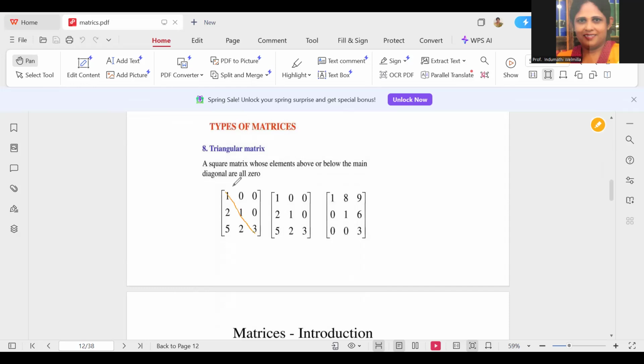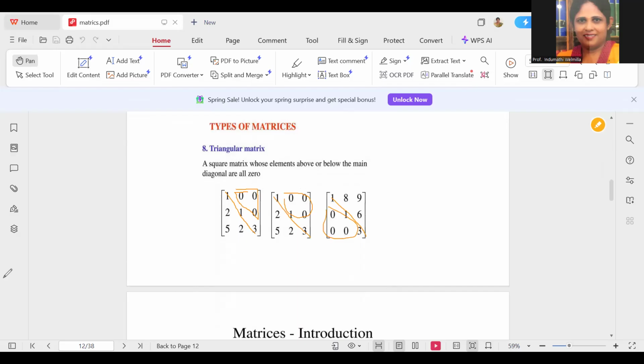On one side of this diagonal, all the elements should be zero. In this case, you can see this side is 0. This is the main diagonal, and these are the 0. Therefore, this kind of matrix we call a triangular matrix.